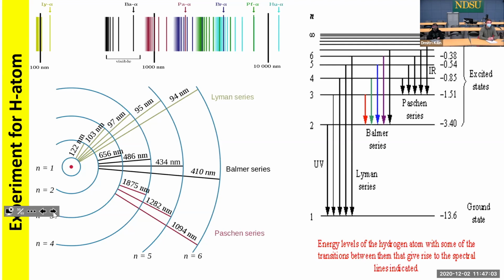One can draw lines and approximately assess the energies on the energy scale. Going from anything to the lowest state will be UV. Going from basically anywhere to the second one will be visible, and then it will be infrared. And this image is to scale, so one can just measure the lengths and get the subtraction of these numbers.